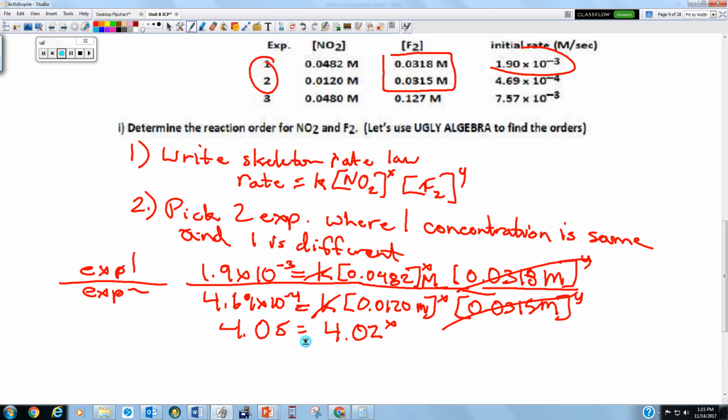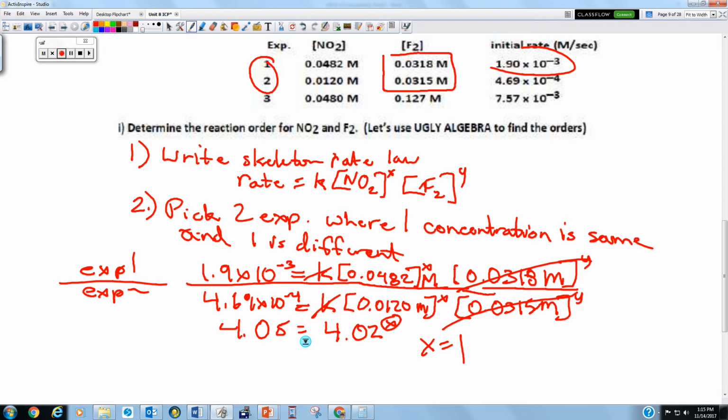So we get 4.05 equals 4.02 to the x. So what would our exponent be? 1. X equals 1.